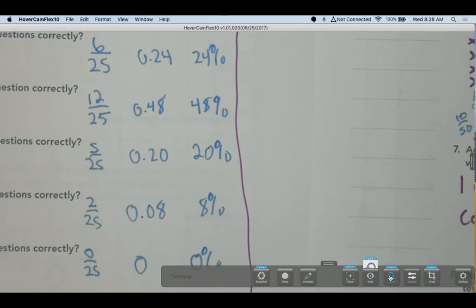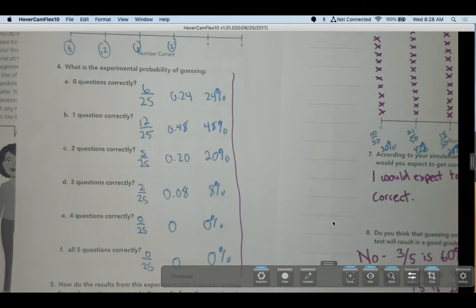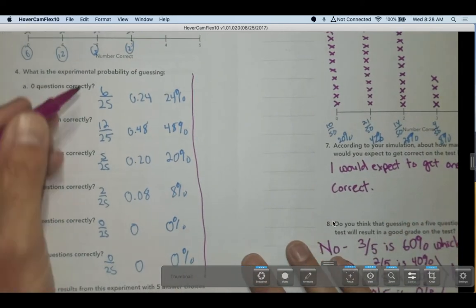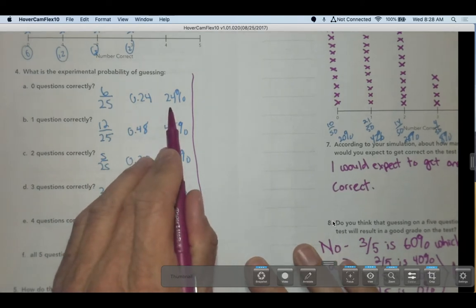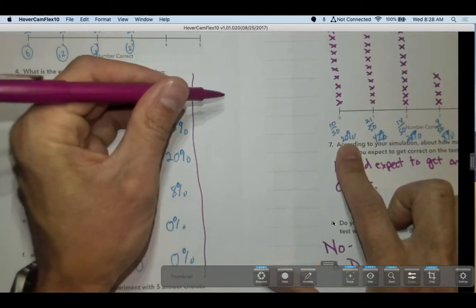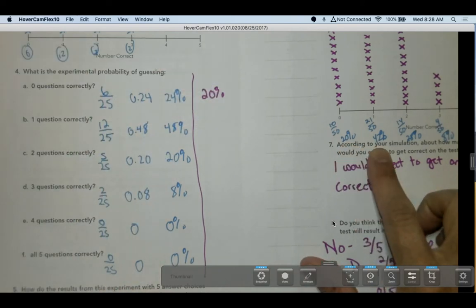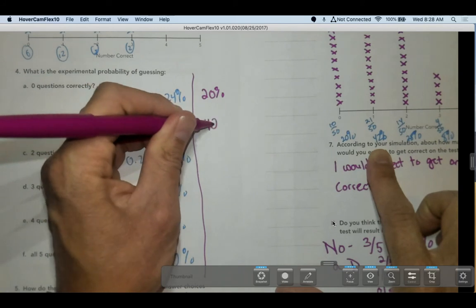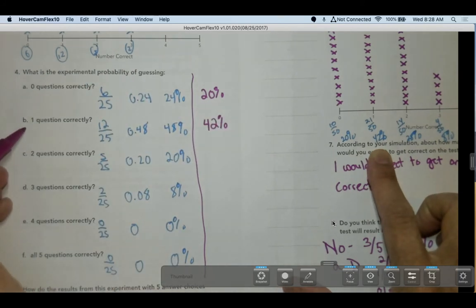I'm trying to zoom out here, see if that helps. Maybe. All right. So if I look, 0 questions correctly for my 5 choice was 24%. For my 4 choice, experimental probability was 20%. For 1 correct, it was 48% for my 5 question test.